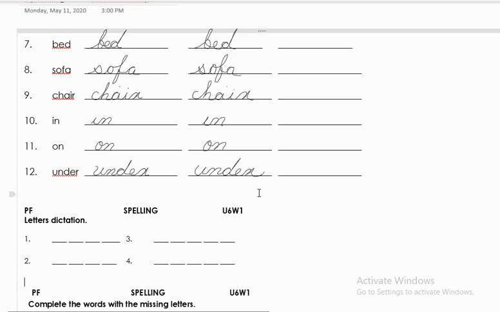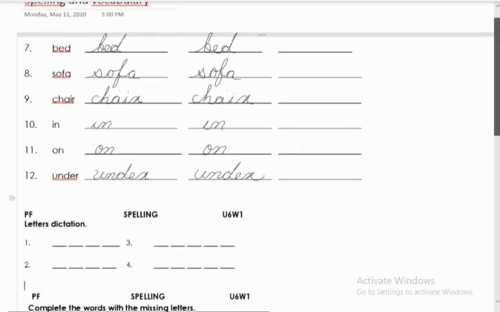Don't forget that if you haven't finished yet, don't worry, you can pause the video while you finish to write all the words, all the letters, and you can continue with this activity.